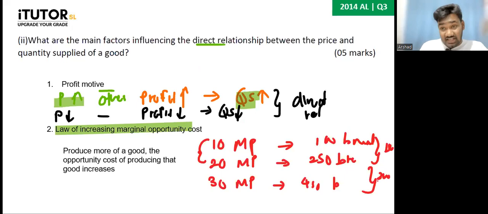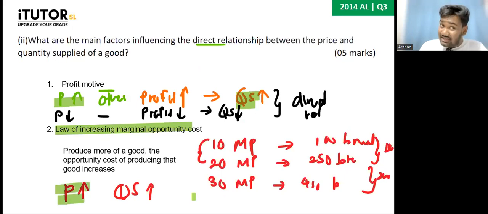It's increasing and increasing. So the producer is saying, only if the price increases to cover that opportunity cost, only then will I increase my quantity supplied. Otherwise, I won't. See, direct relation. Only if the price increases will the quantity supplied increase, because the more and more you produce, the opportunity cost increases.